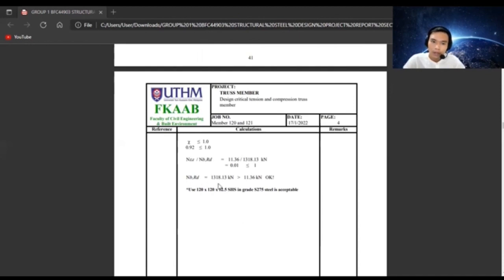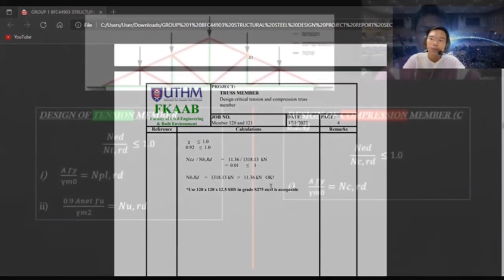So the N_b,Rd is 1318.13, is okay because it's larger than the value of the compression. So the use of 120 times 120 times 12.5 SHS in grade S275 still is acceptable.